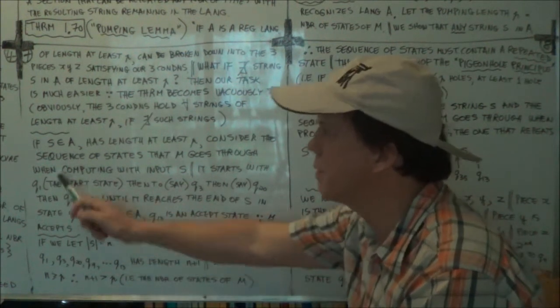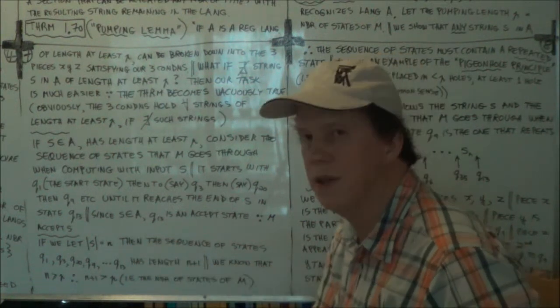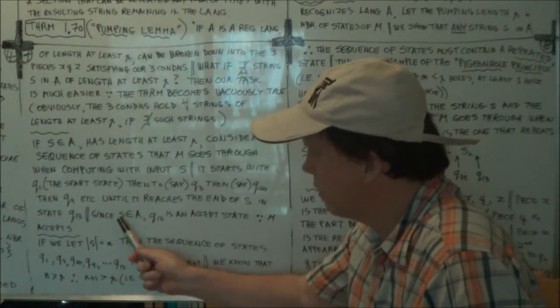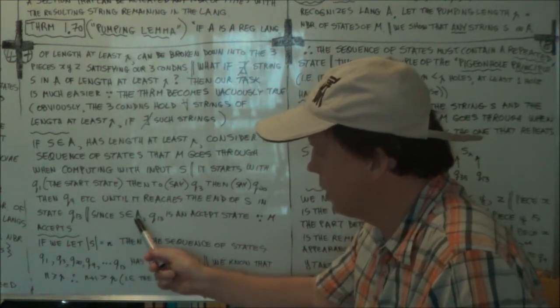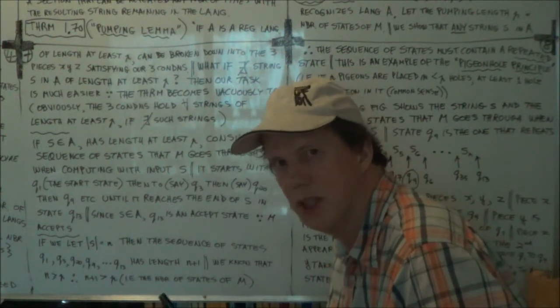Right? Has to be, because S belongs to A. S is a string that gets accepted by the machine. Has to be because it's one of the strings that belongs to the language A. All strings in that language are accepted by the machine.